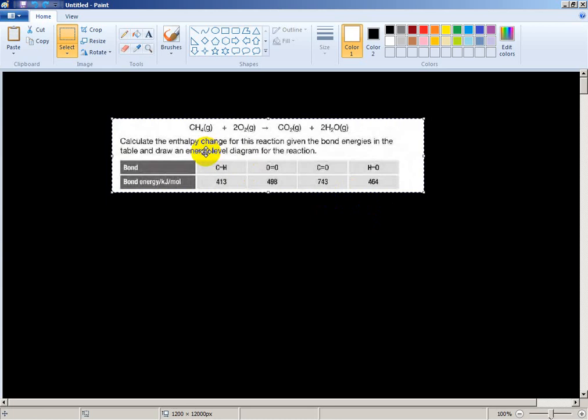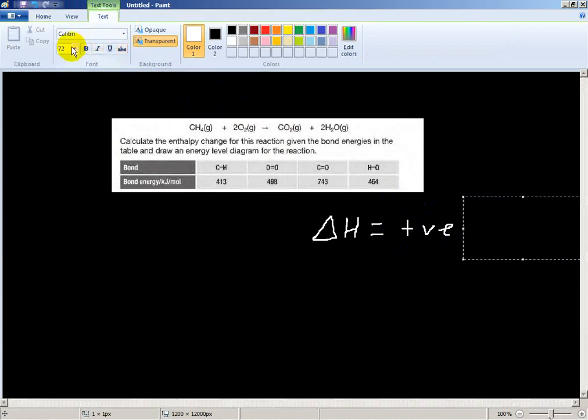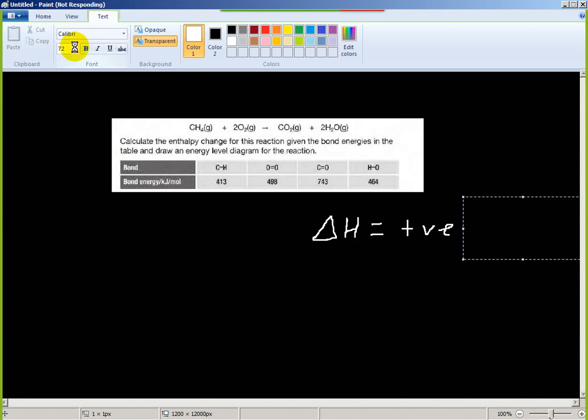Enthalpy change is expressed by this sign, delta H. If delta H is a positive value, it is endothermic. If delta H is positive, endothermic.